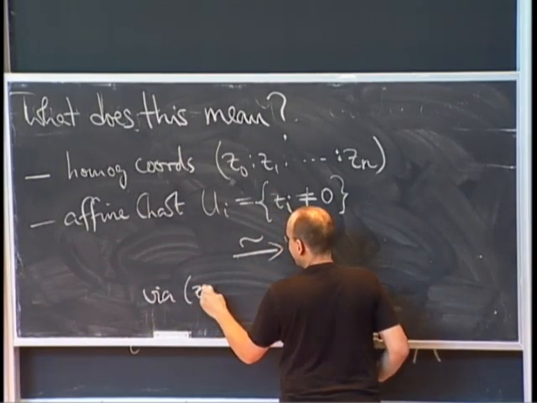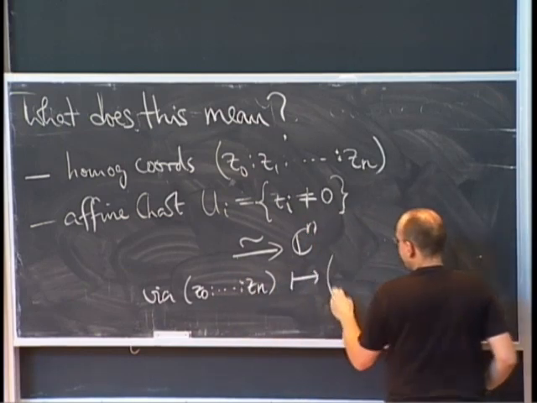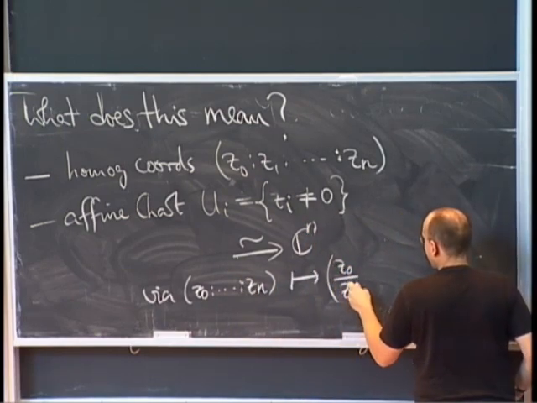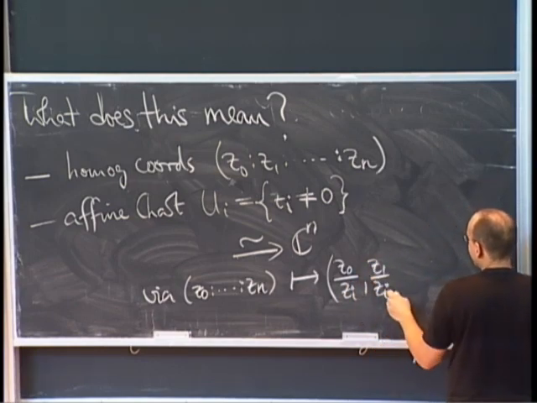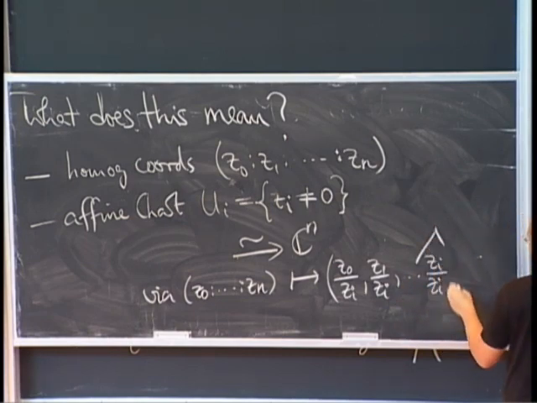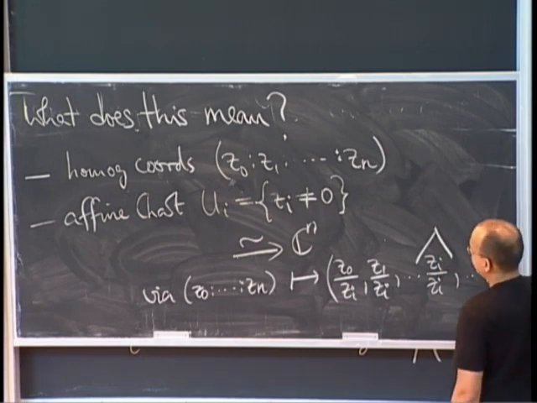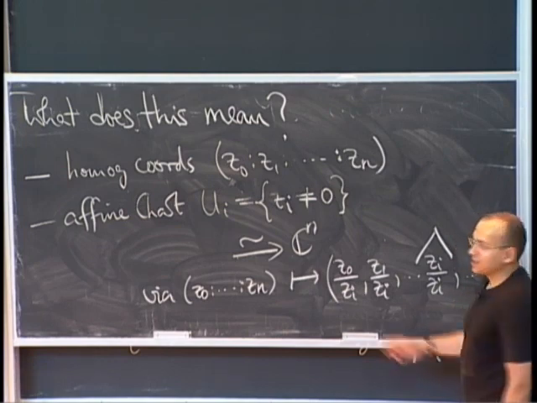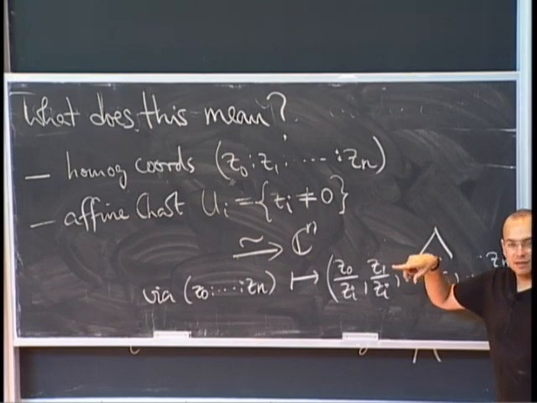Well, I'm sending this homogeneous vector to C0 by Ci, C1 by Ci, leaving out Ci by Ci, through Cn by Ci, taking these ratios that are well defined. Another point is that the complement of this affine chart is actually projective space in one dimension less.